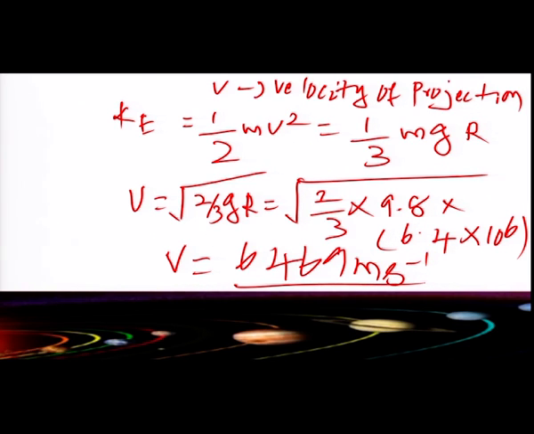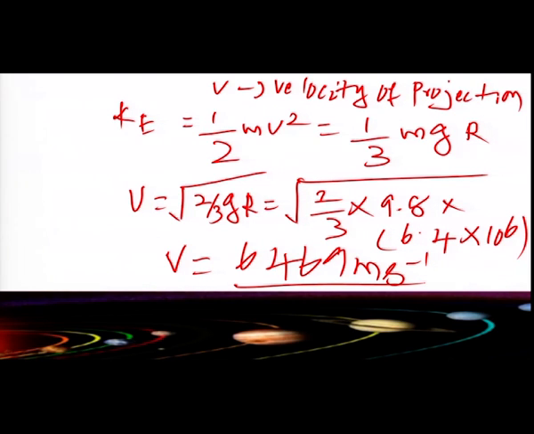So, therefore, 6469 meters per second is the velocity that a body should be projected vertically upwards from the surface of the earth, so that it may first attain a height of R by 2, where R is the radius of the earth.